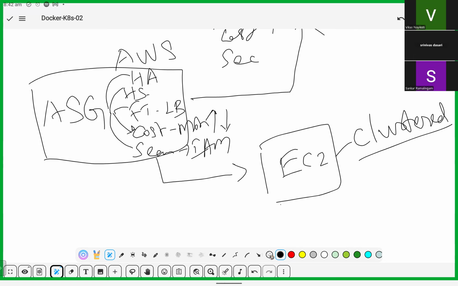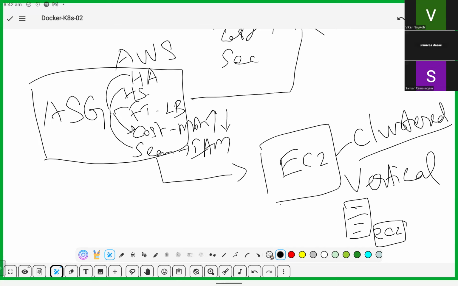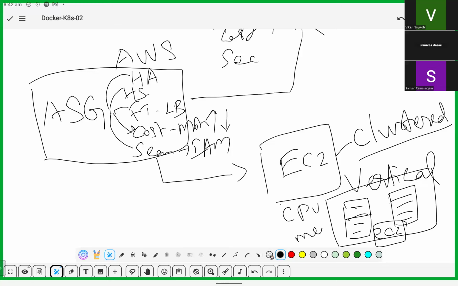It is not about vertical scaling. If you really look at it, it is horizontal scaling only. If you consider EC2 as a simple compute, like a virtual CPU, you're adding multiple EC2 instances to the workload based on your CPU or memory. So it is basically for EC2 deployments.